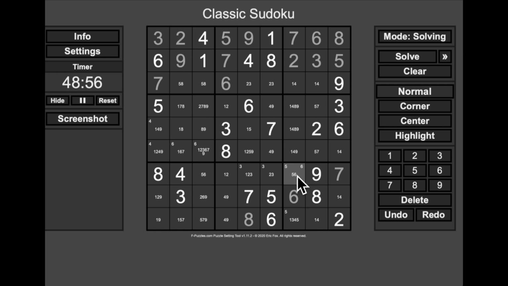I may have a problem here because 5, 7, 5, 7. Let's see, that's 6. That's a 5. So that's not 5. Either way you look at it, that's 6.